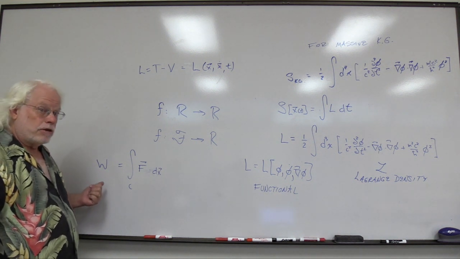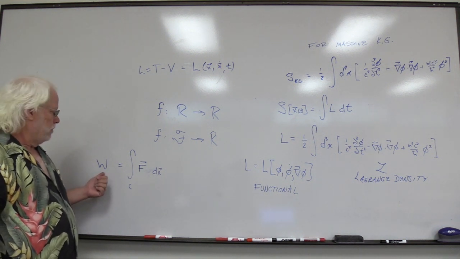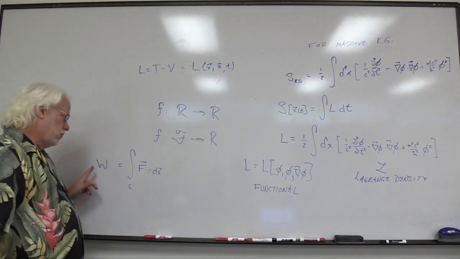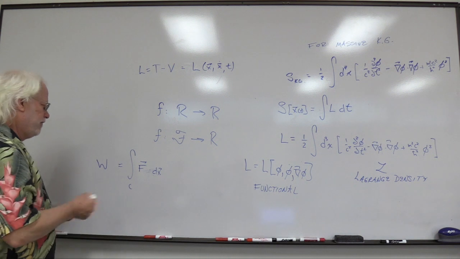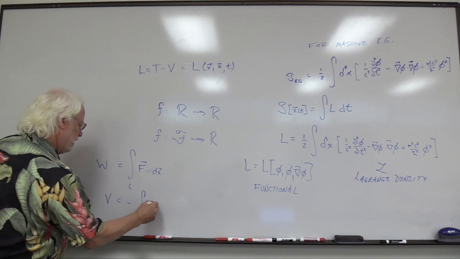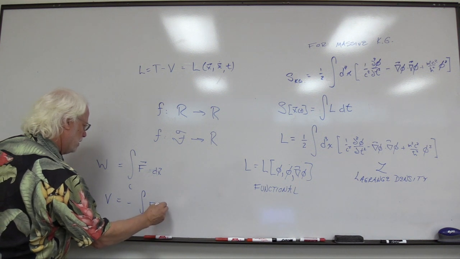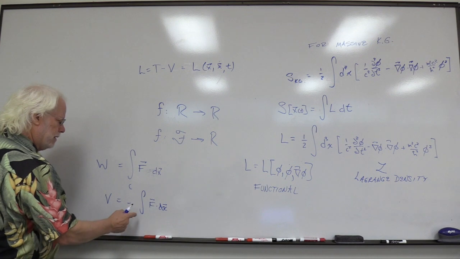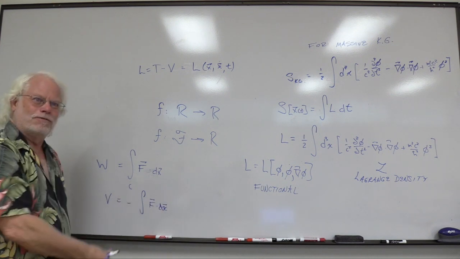But for a non-conservative force, that work is going to be different for different curves. So work, in fact, is a functional. If a potential exists, it's minus the integral of F dot dx. A potential exists exactly when this integral is independent of curve.